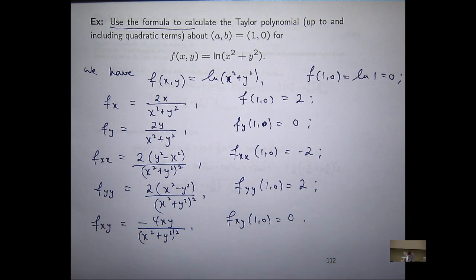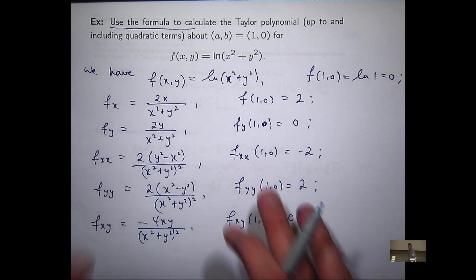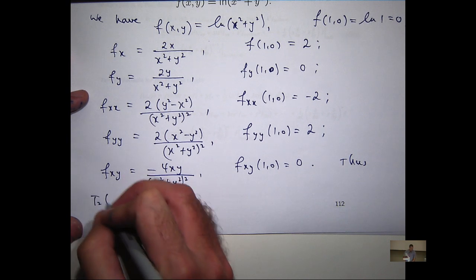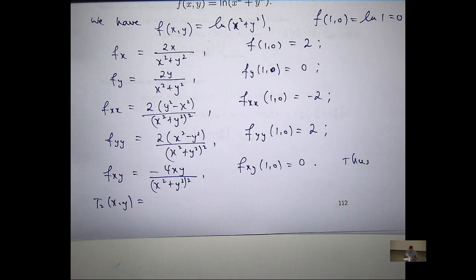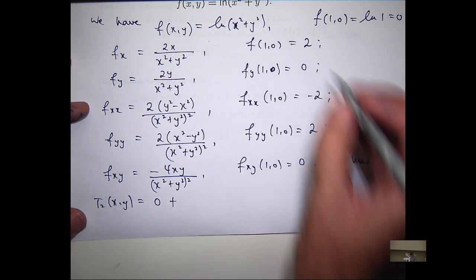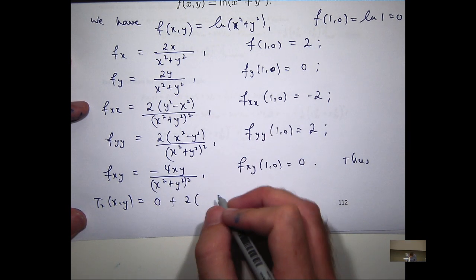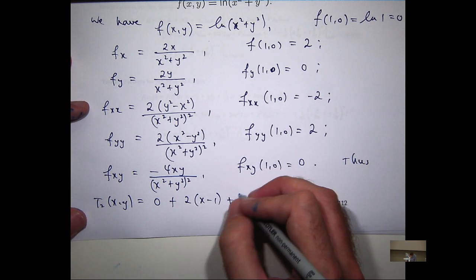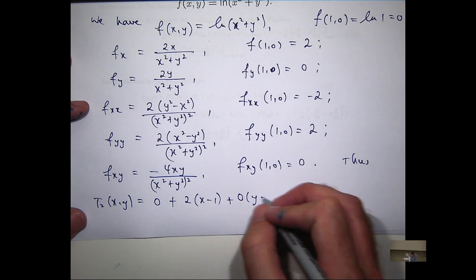So let's put it all together. We've got all these constants down the right-hand column. They're just the coefficients in our polynomial. So the first term's 0. The coefficient of x minus 1 is that. 0 times y minus 0.